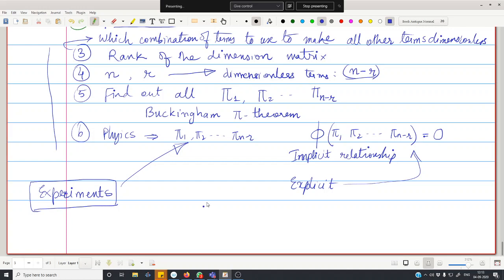So let's make a new page. Let us revisit the problem of the simple harmonic oscillator, and let us do it through the Buckingham pi principle. So the first step, this is the physical problem: mass, length, gravity, time of oscillation. So let us write down time, mass, length, gravity.